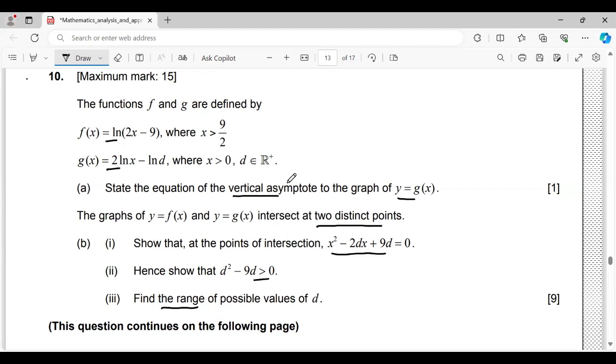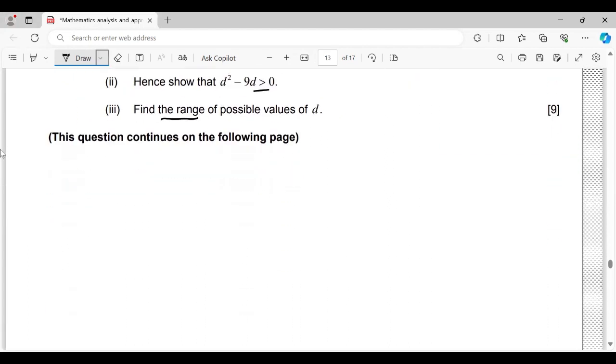Firstly, this one, A, y equals 2 ln x minus ln d. Okay. Now, I'm going to find the intersection with x-axis and y-axis. Intersection with x-axis happening when y equals 0.